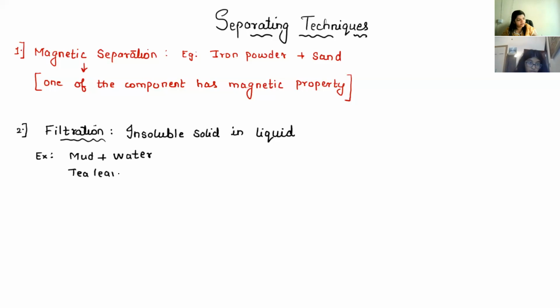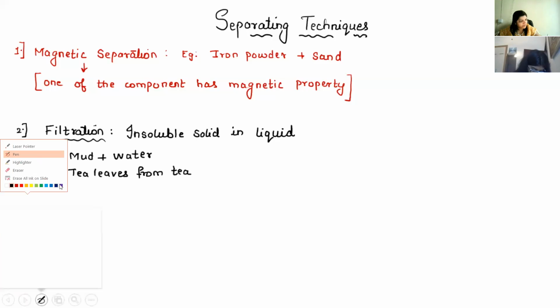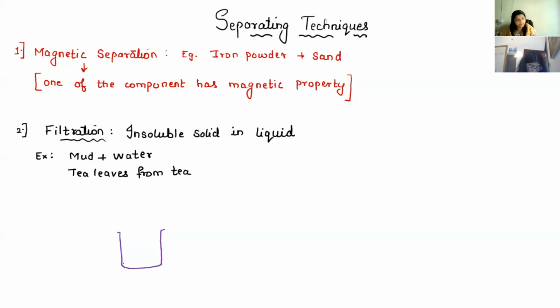Now we need to understand some terminologies used in filtration, so I'm going to show you that. This is the beaker in which our liquid part is going to be collected. This is my funnel.